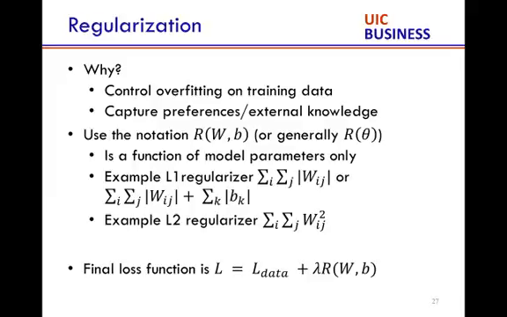So when you have two objectives, I prefer certain types of models, but the data may tell me that some other type of model is good. So for a given model, this part is scoring based on the data how good that model is, how consistent the model is with respect to the training data's true labels.